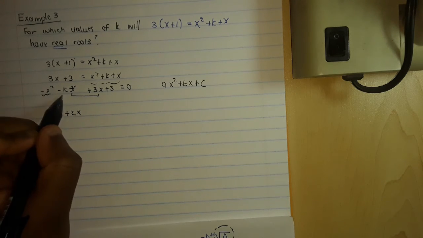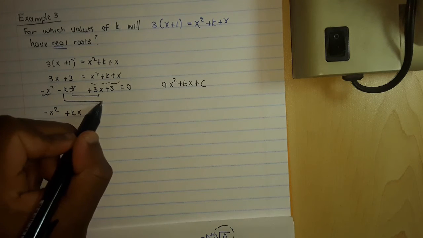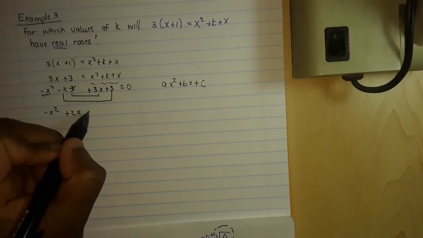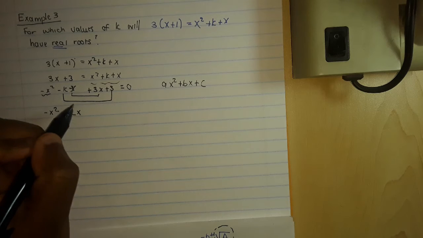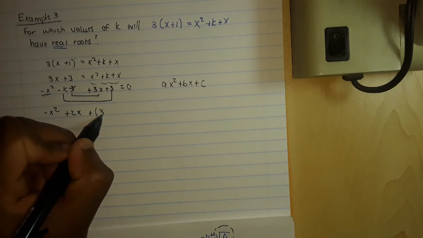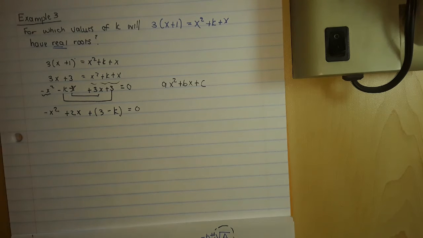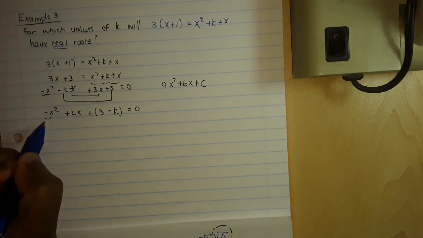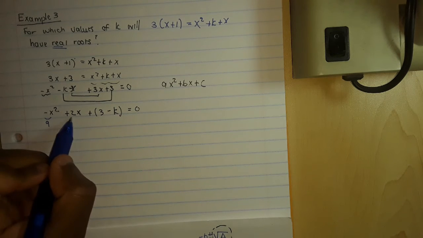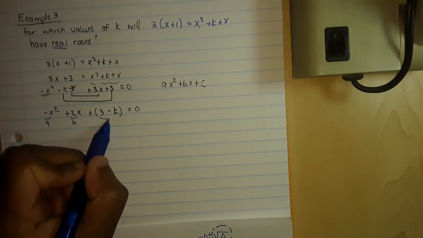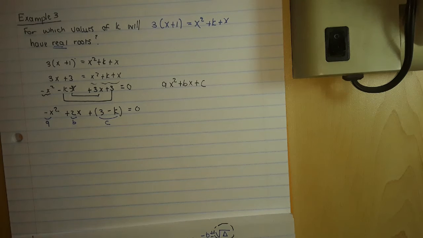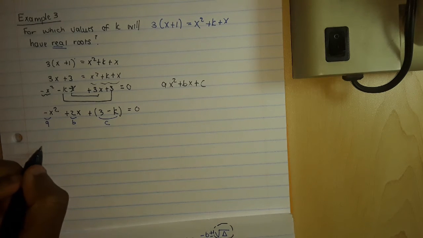For the last term, we have minus k plus 3, so we can write that down as 3 minus k equals 0. So from this we learn that we have our a term here, our b term here, and our c term here. So we're determining our delta, right?